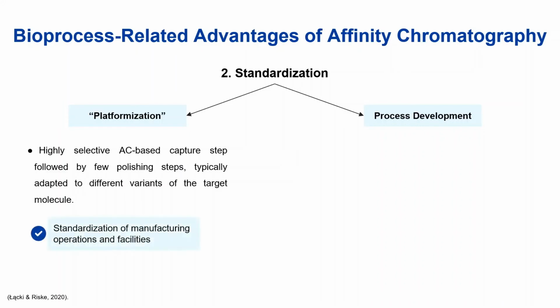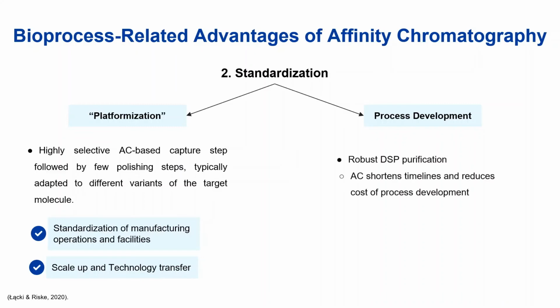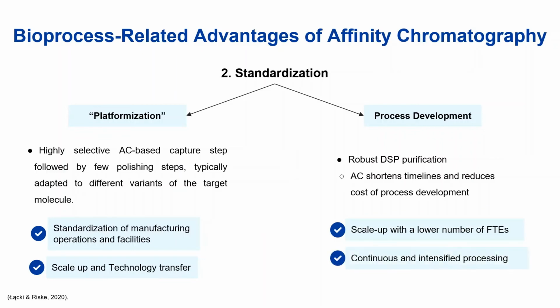So in addition to standardizing manufacturing operations, this concept plays a vital role in scale-up and technology transfer, as well as in defining layouts of manufacturing facilities. It also shortens timelines and reduces the cost of process development, because a very robust downstream purification process can be developed and scaled up with a lower number of full-time equivalents. Finally, this standardization also enables a continuous and intensified mode of operation.